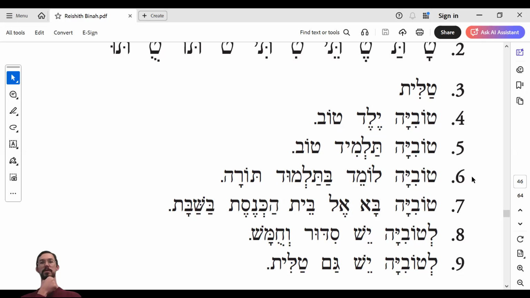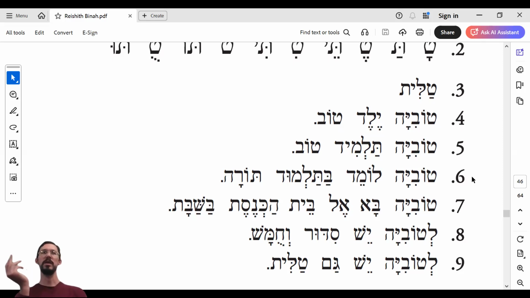Tovia studies Talmud. We were talking about the way this particular curriculum defines Talmud Torah sometimes as a place of study, like a yeshiva.